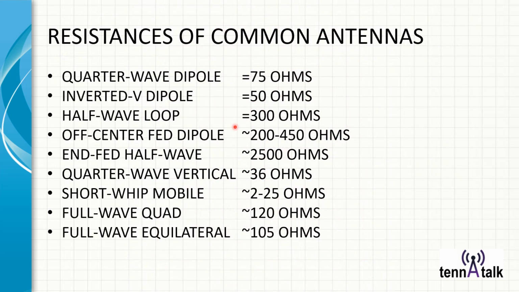Now, some of the resistances of typical antennas are listed here. You'll see that inverted V gives you a pretty nice natural impedance of 50 ohm match. And you'll see that short quarter wave verticals that are often used on mobile rigs are less than 50 ohms. And a short whip mobile will maybe be a lot lower resistance than that.